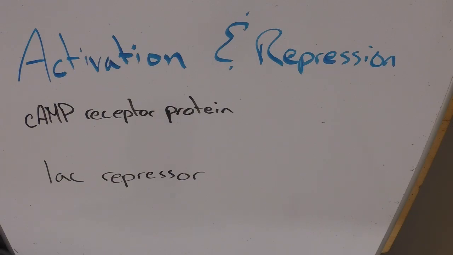In E. coli, one protein that activates transcription is the cyclic AMP receptor protein, which increases the transcription of genes coding for enzymes that metabolize sugars other than glucose when cells are grown in the absence of glucose. So when glucose levels are low, this receptor protein is used to activate the transcription of genes that code for enzymes that will work with sugars aside from glucose.